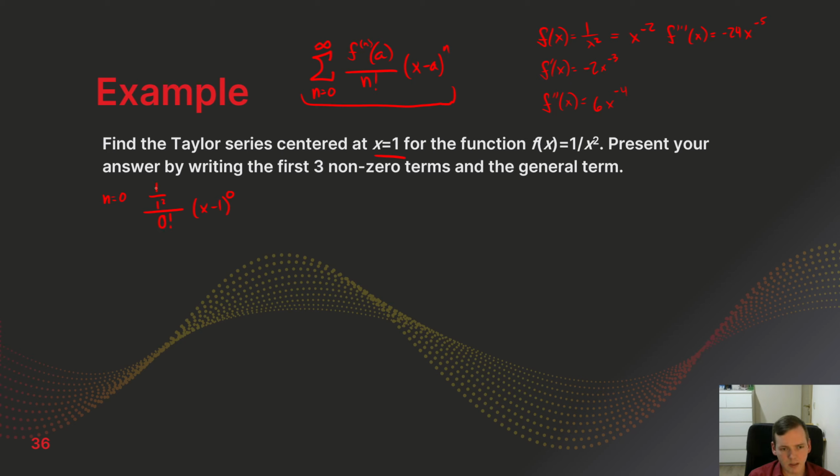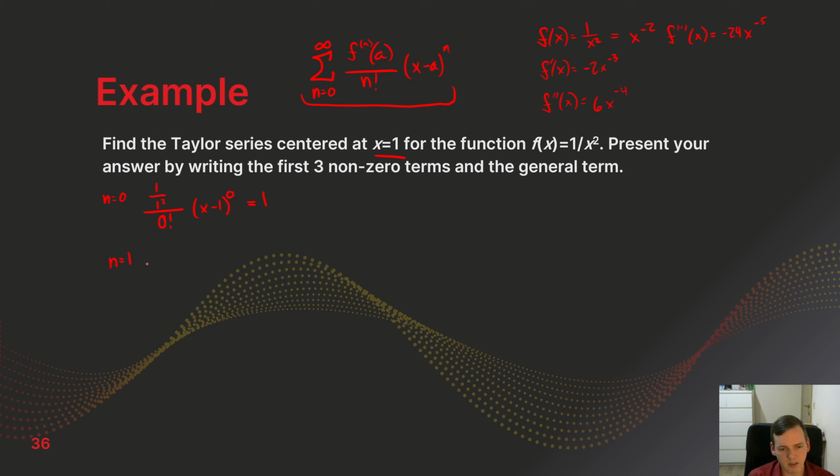So it's the nth derivative of f of x at a. The nth derivative would be the 0th derivative, which is just the original function. This is 1 divided by 1 divided by 1, so that's all 1. X minus 1 to the 0th is 1, so this term is 1. So that's our first non-zero term.